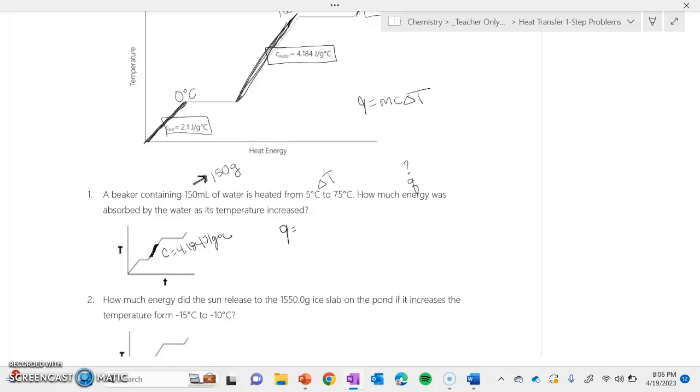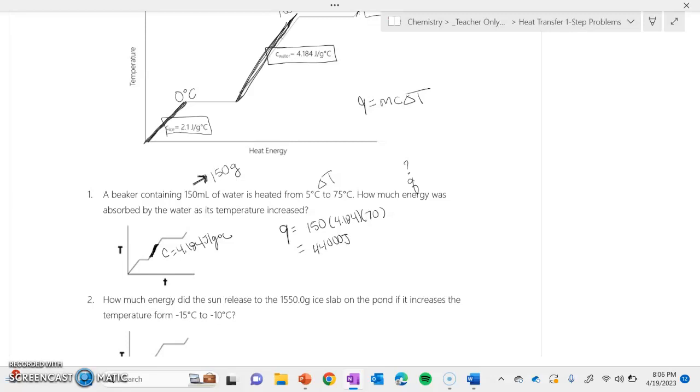Q equals mass, specific heat, and our temperature change going from 5 to 75, that's a 70 degree increase. Now we just need to find that product, and that comes to be 44,000 joules.